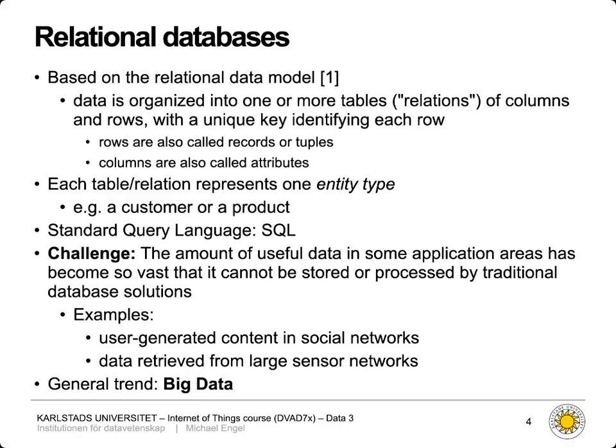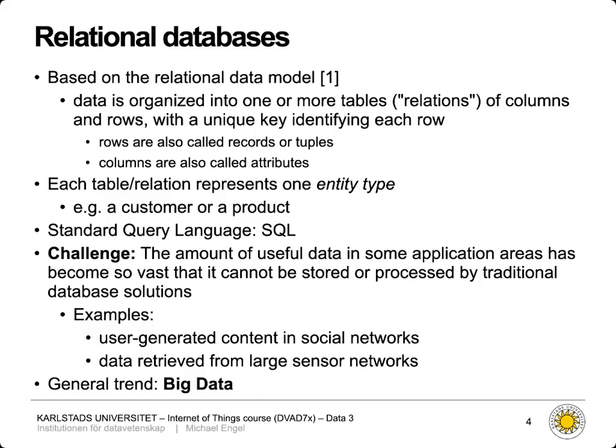Relational databases are based on the relational data model. That's why they're called that way. In relational databases, data is organized into what we call tables. We have one or more tables, and a table is a relation of columns and rows, and each row is identified by a unique key. The rows are also called records or tuples, and the columns are usually called attributes.